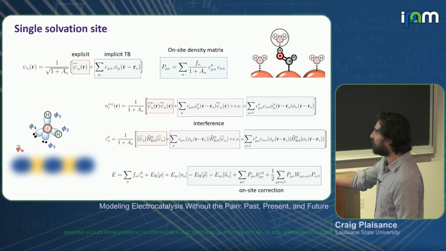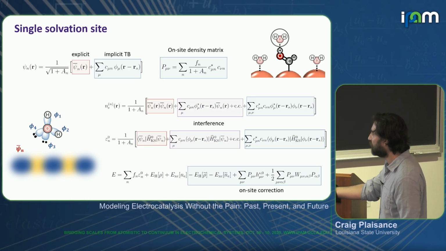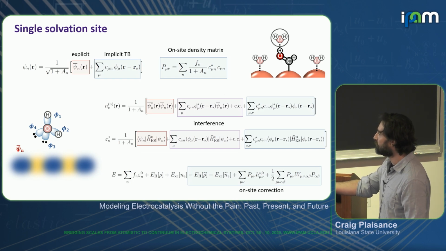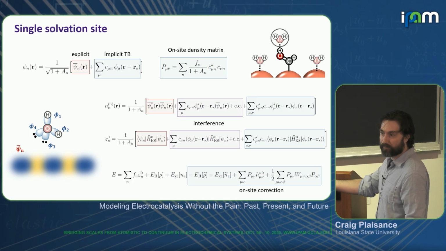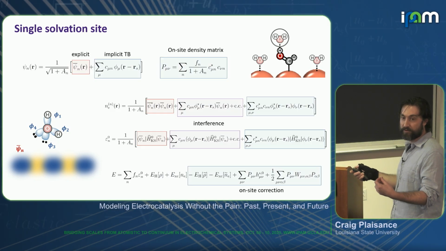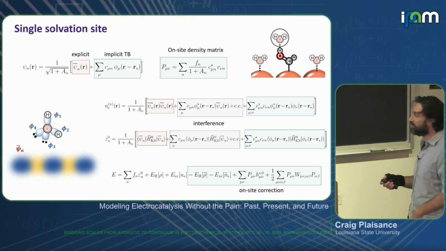We can compute an on-site density matrix from those. We can compute an electron density and a non-interacting orbital energy. All of these have three terms: the explicit part, the on-site part from the tight binding model, and then interference terms that are due to the overlap of these wave functions. And this is what actually leads to the hydrogen bonding.